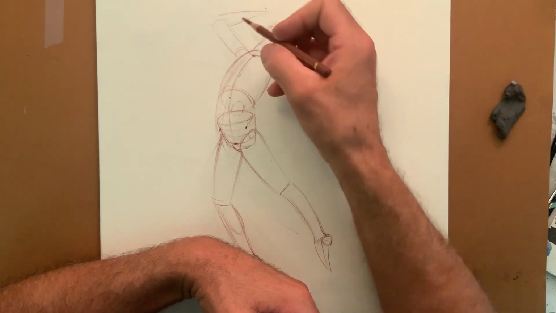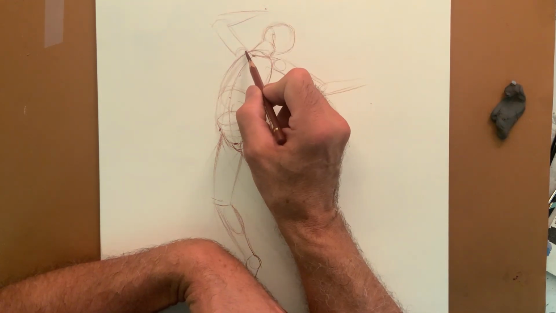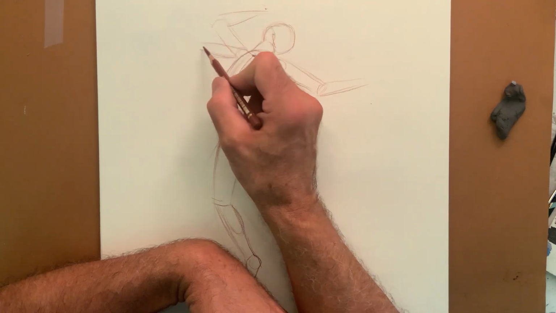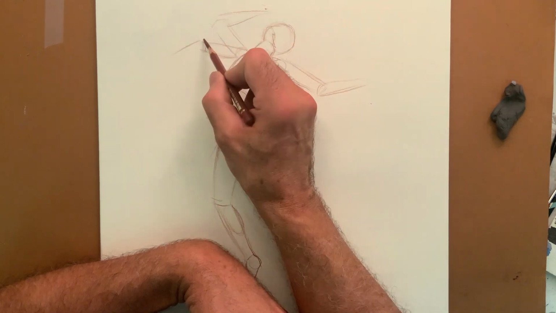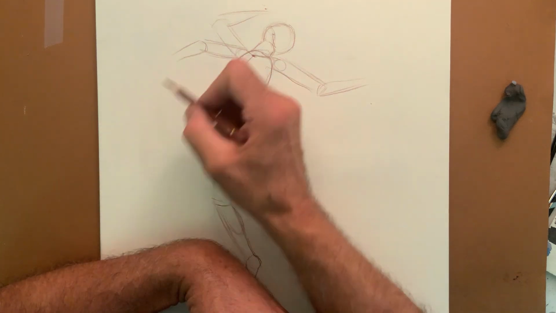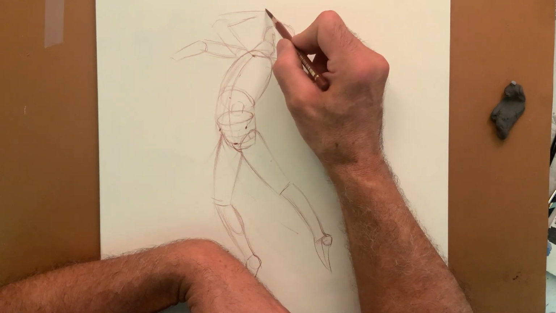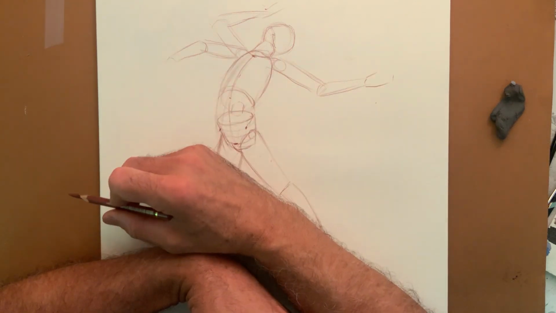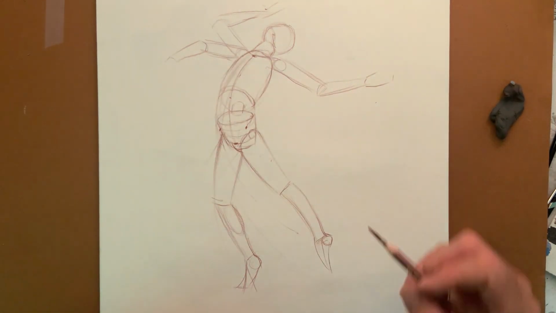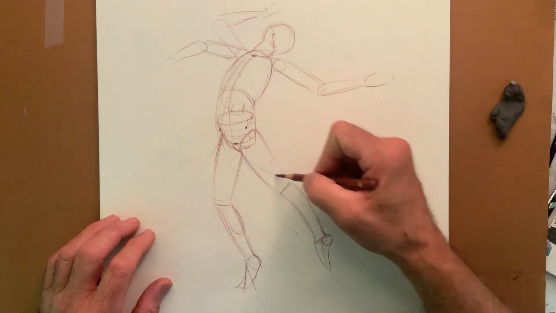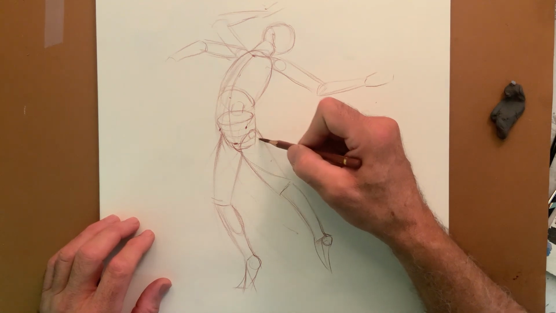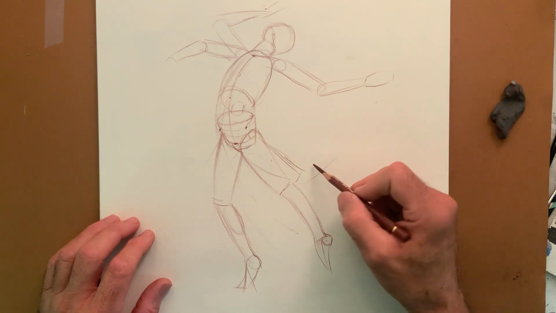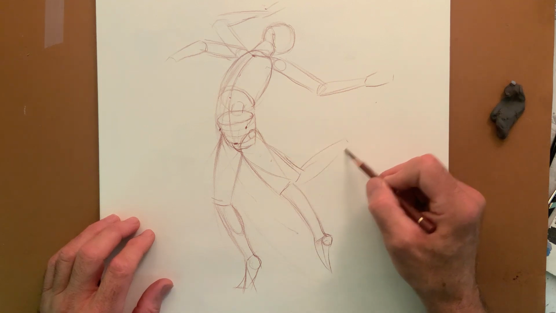So we can really change the movement, change the position of the limbs as we want. See that? This leg could be even more hyperextended, could be here, and then from here we could move that leg back like this.